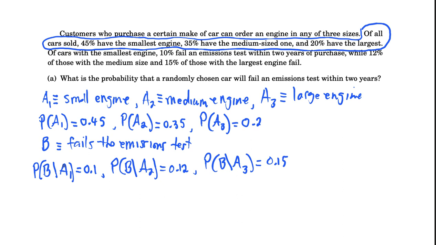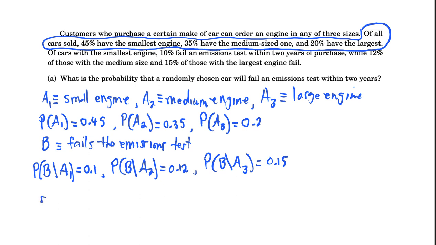One level of randomness is you don't know what type of engine the car will have. If you walk onto this lot or production facility and you just pick one, you don't know in particular if it has a small, medium, or large engine. So that's one level of randomness. The other level is whether it's going to pass or fail the test, right?